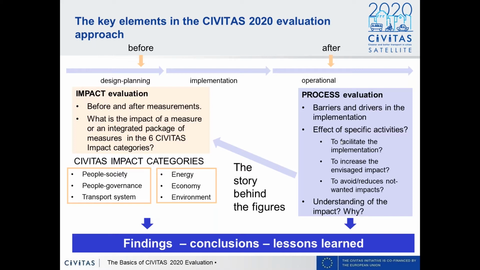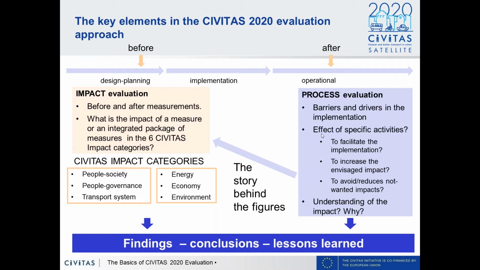And therefore, we put more and more emphasis on process evaluation, a qualitative way of looking to the implementation of the measures. And there we wonder, what are the barriers and the drivers to implement that measure? Is it easy to implement that measure? Is it difficult to implement that measure?